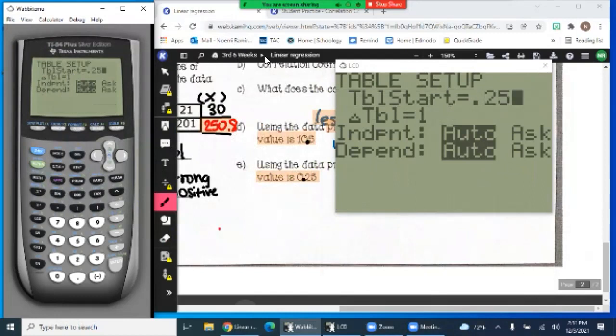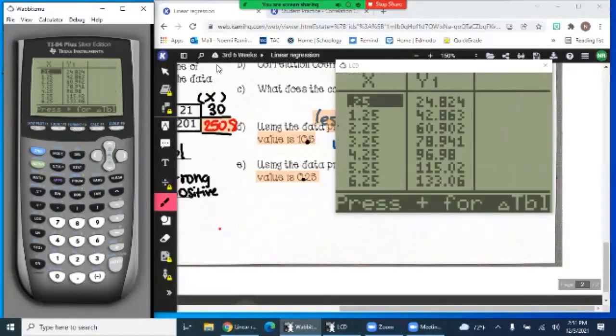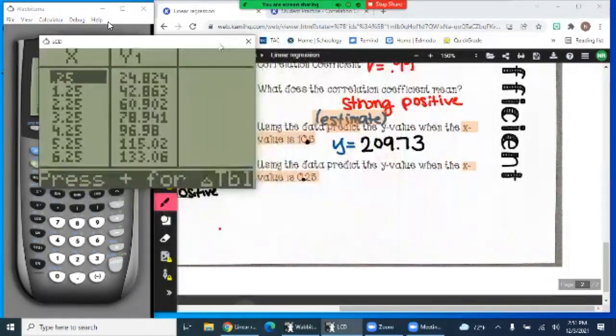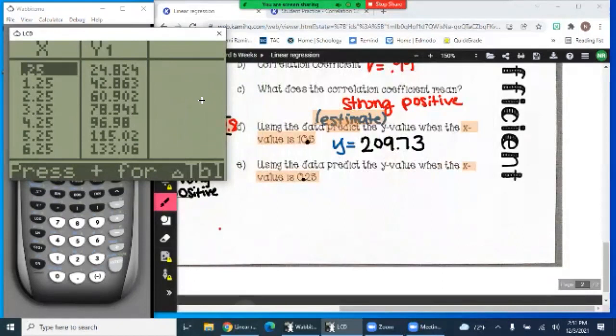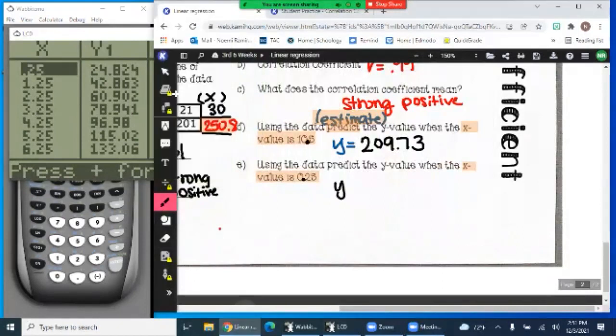Most of the time, it's going to be a whole number. Okay, so I put the 0.25, then I go to second graph, and it takes me directly to my answer, which is 24.82. Because you're seeing a bunch of decimals, more than likely this is going to be a question that's going to be a griddable.